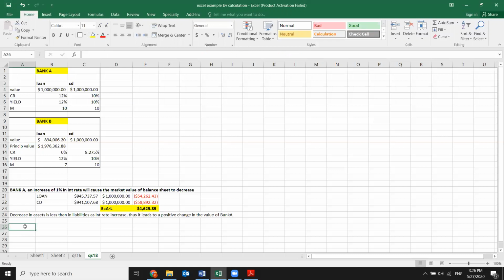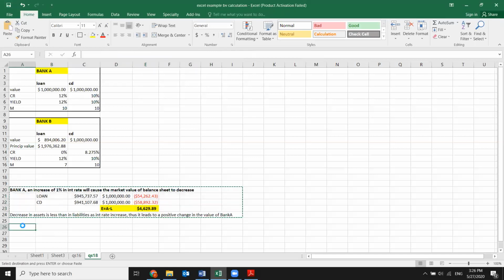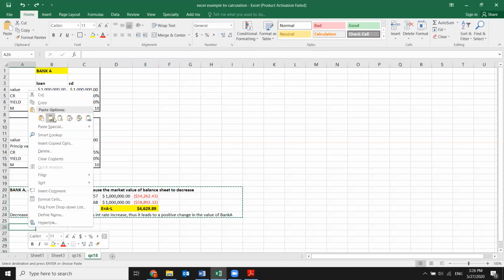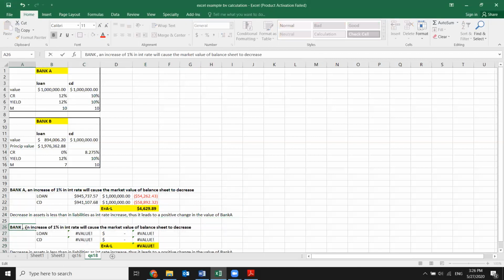So what happens to bank B? For bank B, we're doing the same thing. So this is bank B. And in bank B, we have bonds provided and CD.